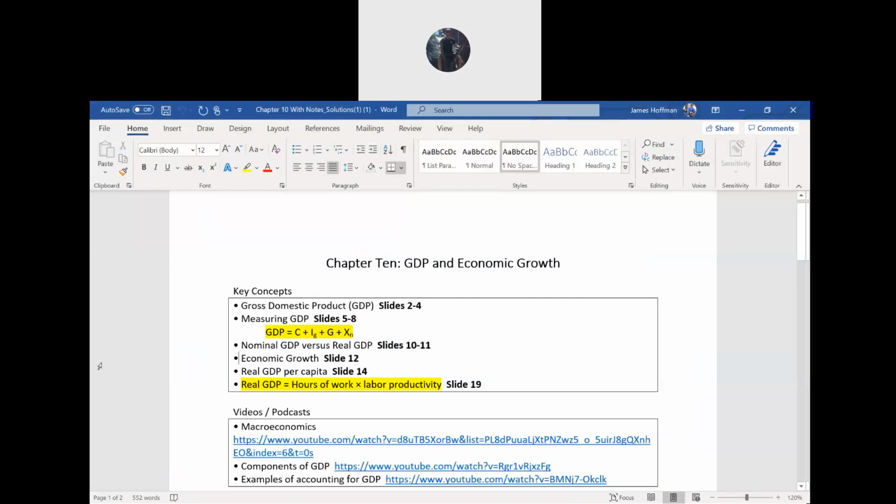Okay, so we have to put GDP on the same scale, which is in real terms for some base year. And once you do that, you can look at economic growth, or what happens to GDP over time. So let's look at slide 12 here.